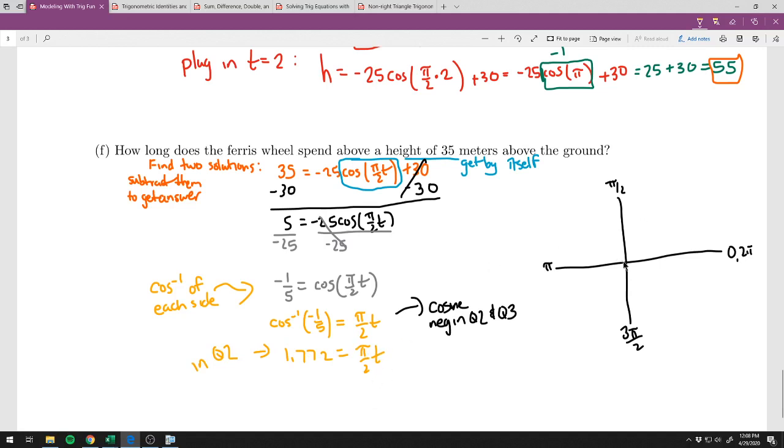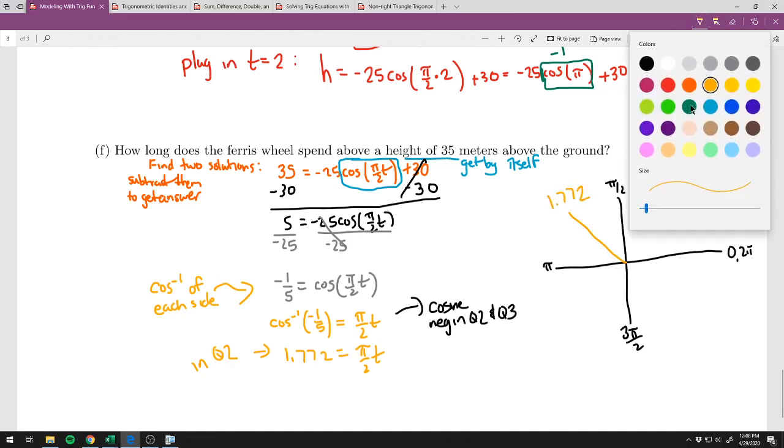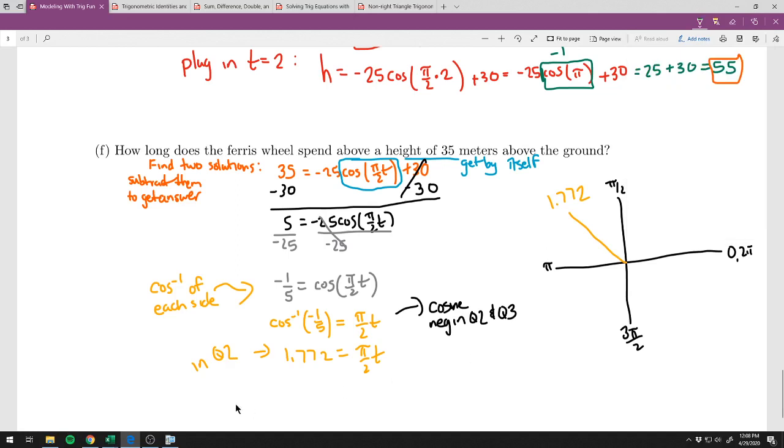We had to get our two answers first. So this is our 1.772. And the answer in quadrant 3, we will figure out from our picture. Visually, it looks like this. So that's where our angle in quadrant 3 is going to be.